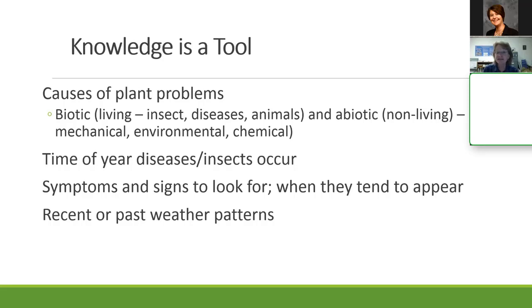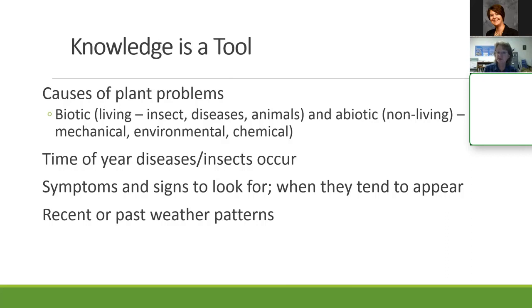Past weather patterns matter too. In 2012, we had a very severe drought. So 3 to 5 years after a severe drought, we begin to see things like verticillium wilt in trees. We might see an increase in borer damage to trees, just our native borers, because during those stress years, plants' resistance lowers, and then they're more likely to become infected or infested with things like verticillium wilt or a borer.